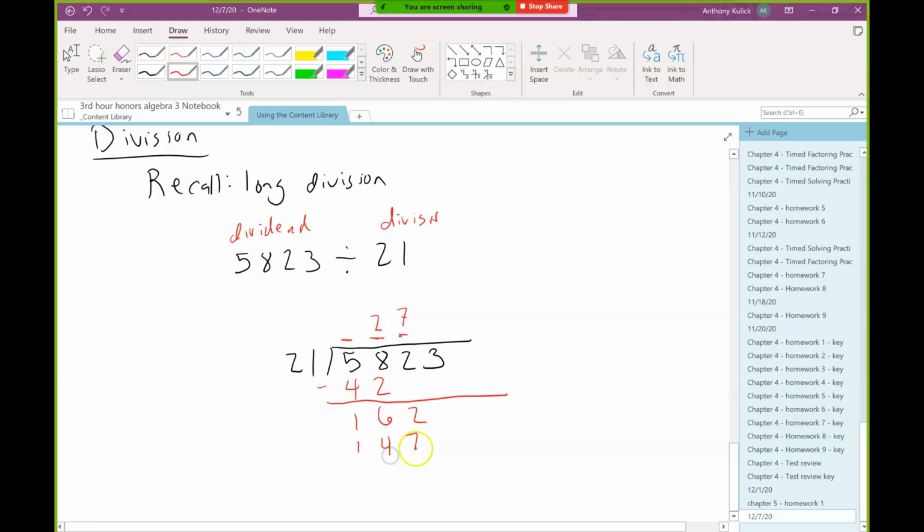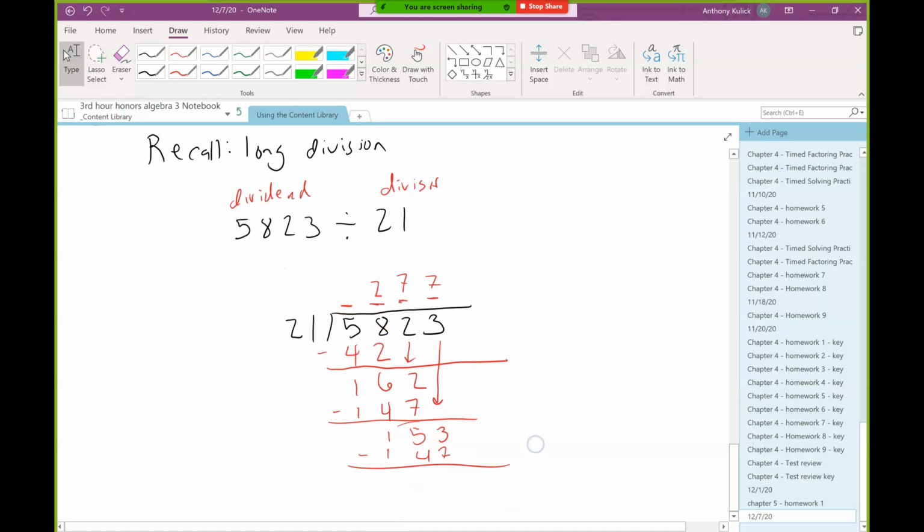So 147, 21 times 7. And we subtract down. And then we ask ourselves, how many times does 21 go into 153? And the answer there is, again, 7. So 7 times 21 is 147, and we subtract down, and we get 6.